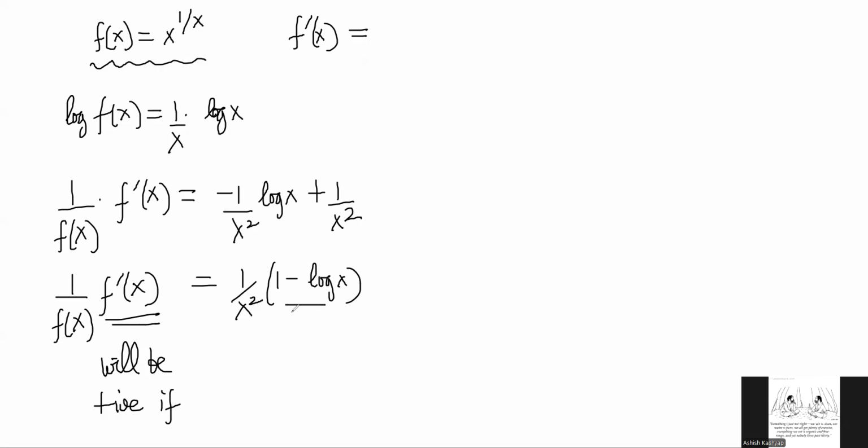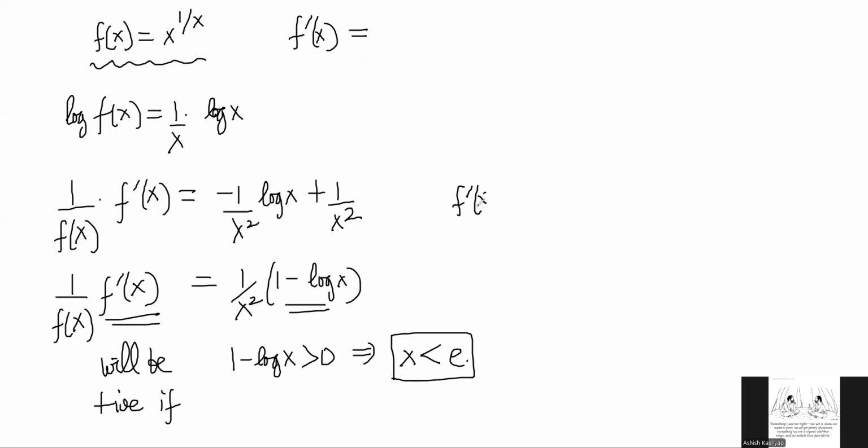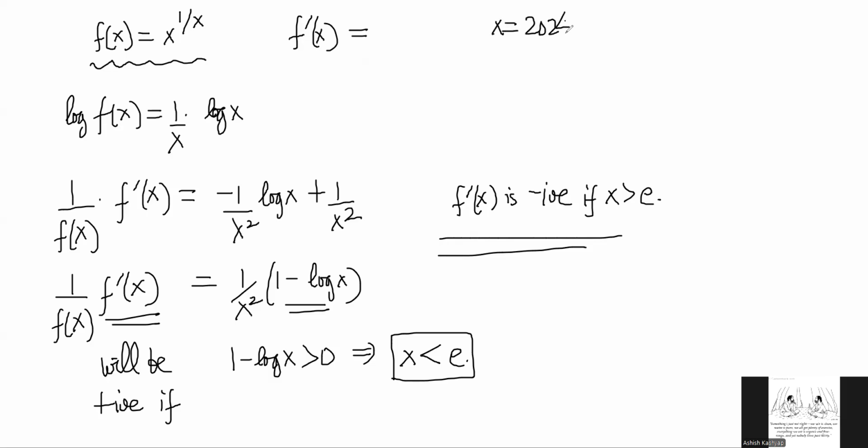if 1 minus log x is greater than 0, which means x should be less than e. So f dash x is positive if x is less than e, and f dash x is negative if x is greater than e. So now in our question, x can be 2024 and x can be 2023. So we know that f dash x is negative for both.